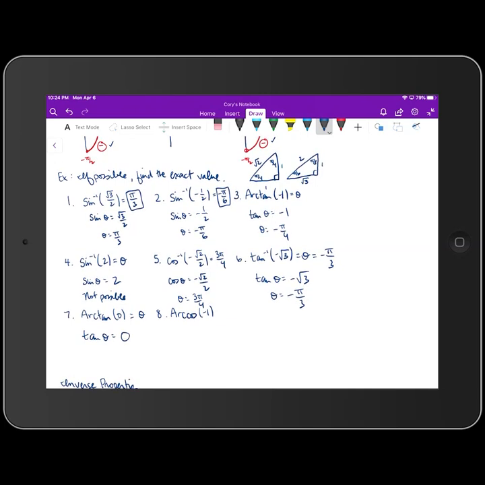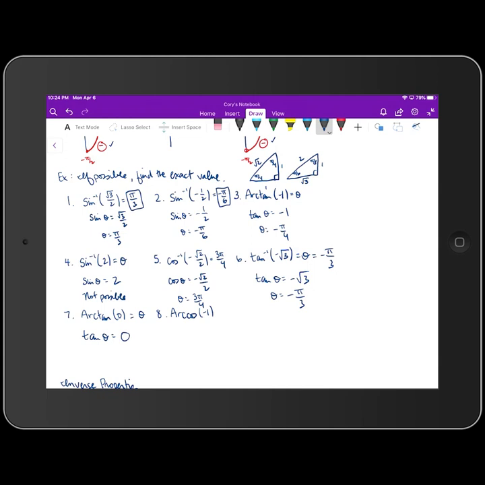Well, that can't correspond to the two reference triangles that we've drawn, because there is no angle in those two reference triangles such that the tangent of that angle is 0, which tells me that the angle has to be a quadrantal angle of some kind.